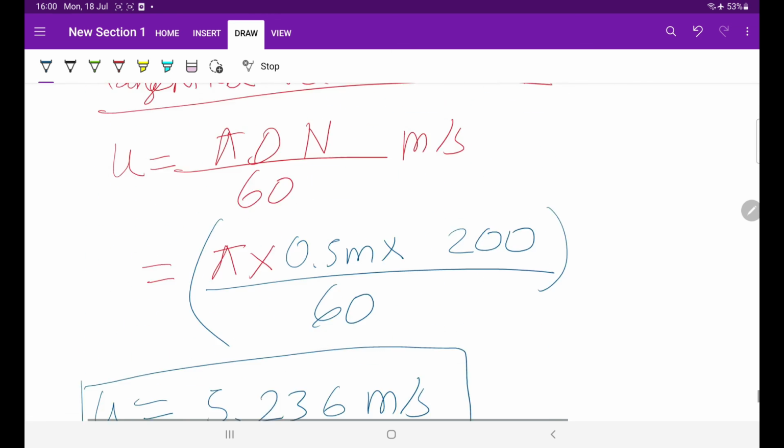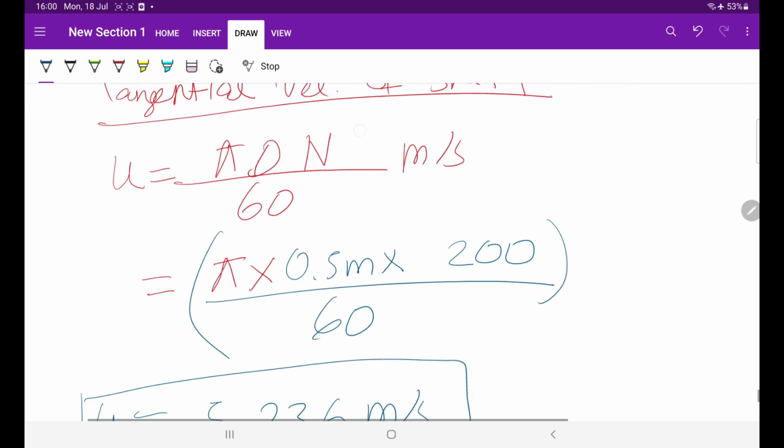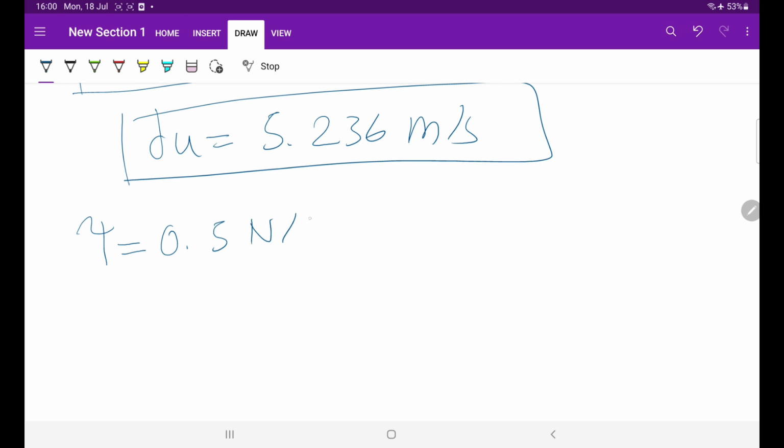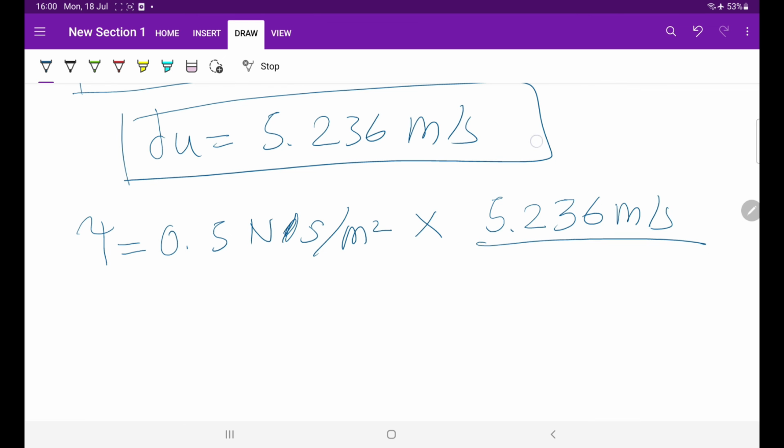So tau will be what value? 0.5 Newton second per meter square into du. Du is 5.236 meter per second, by dy.